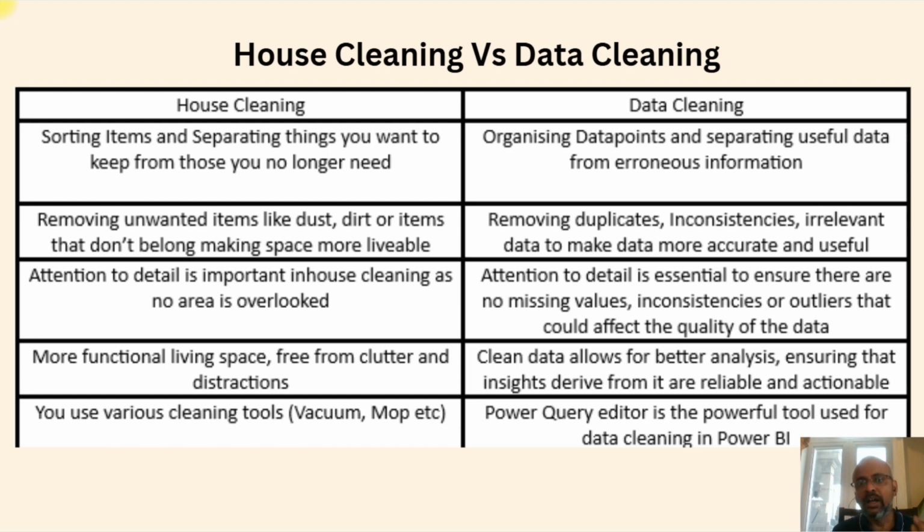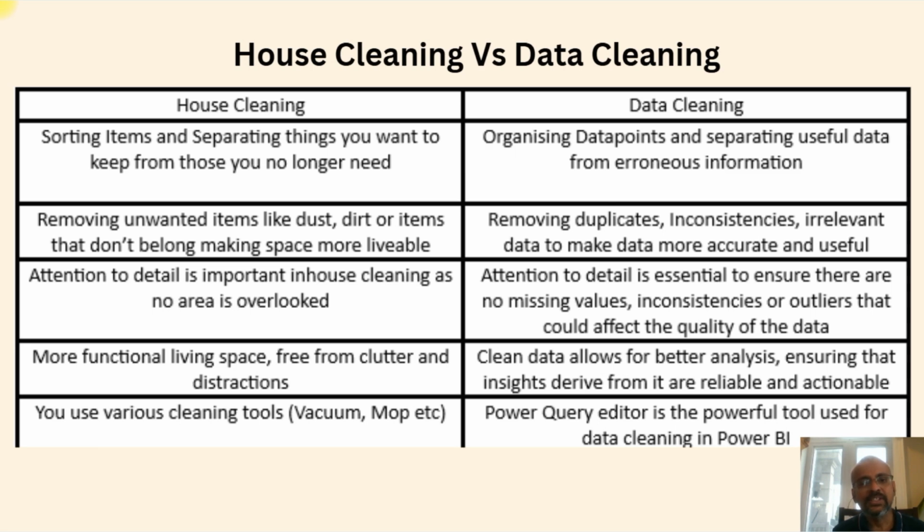In data cleaning, we might have certain duplicates. Duplicates in the sense of redundant information, something which is over-repeating. You don't need it; you need it only once. If it is coming multiple times, it's better to remove it. So removing duplicates is like removing dust and dirt. And then inconsistencies.